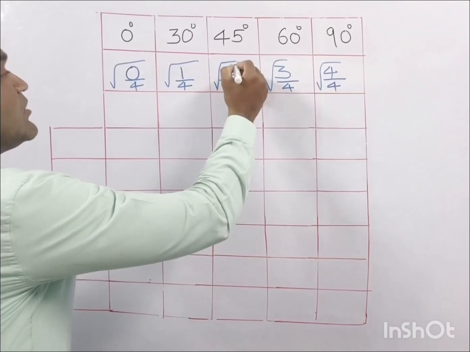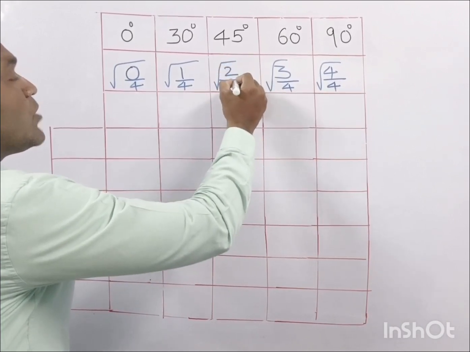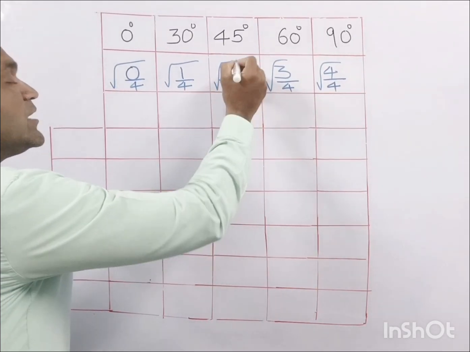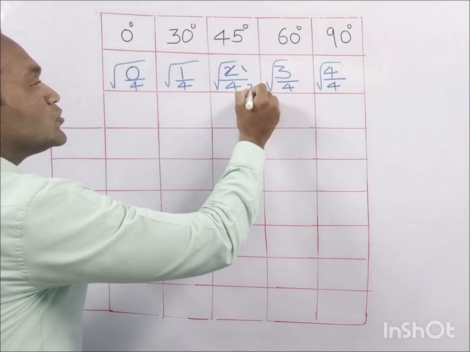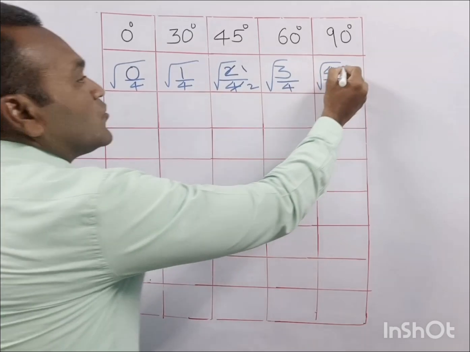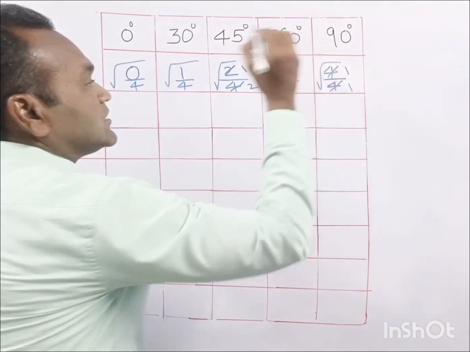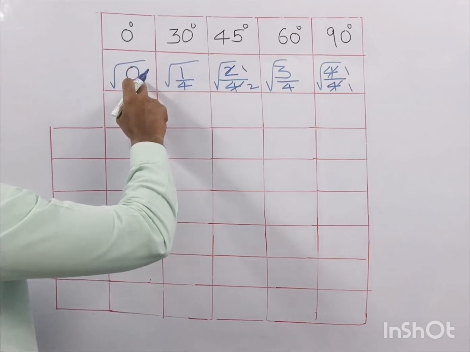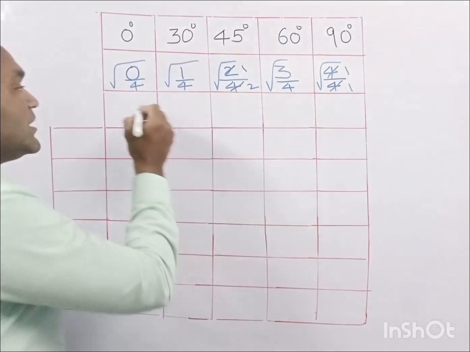If you can simplify, like here 2 upon 4, or 2 over 4, or 2 divided by 4, anything you can say: 2 ones, 2 twos. Here 4 ones and 4 ones. Now let us simplify more. 0 by 4, 0 by anything means 0.